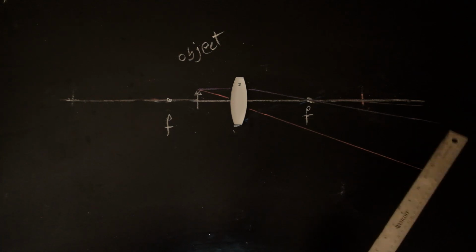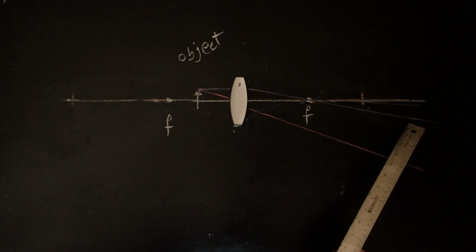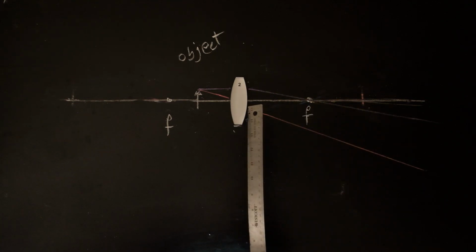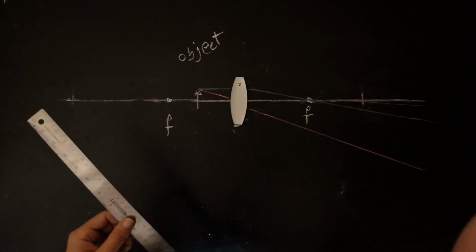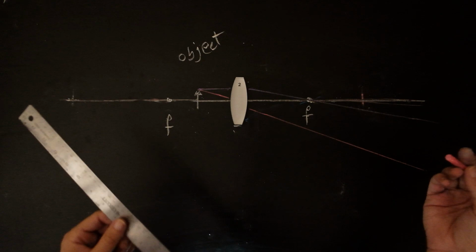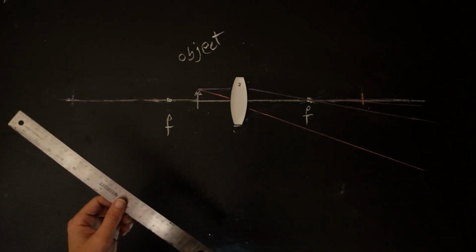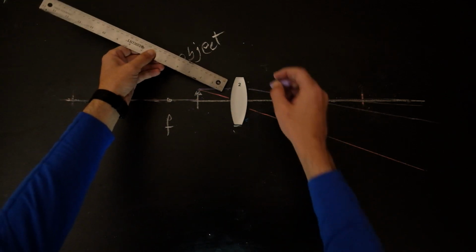So there is no real image in this case because light rays diverge. What happens if we look from this side, there will be a brain game, a brain trick. So our brain will create an image.